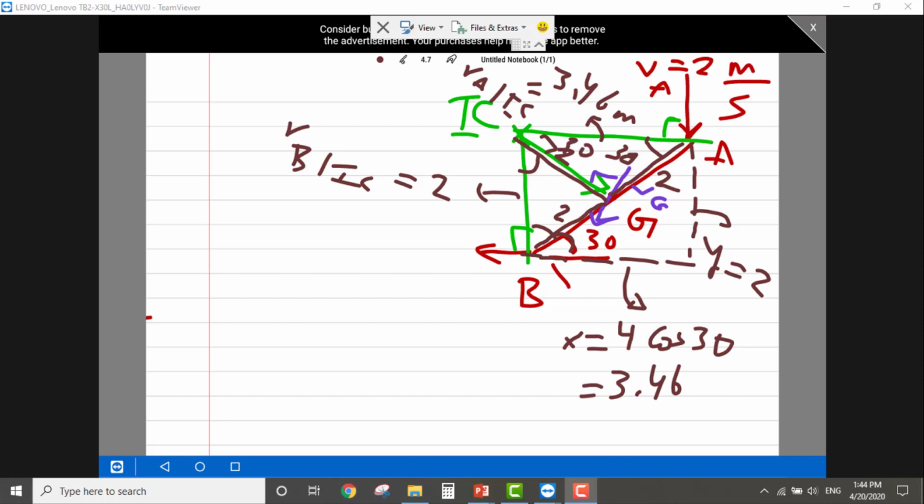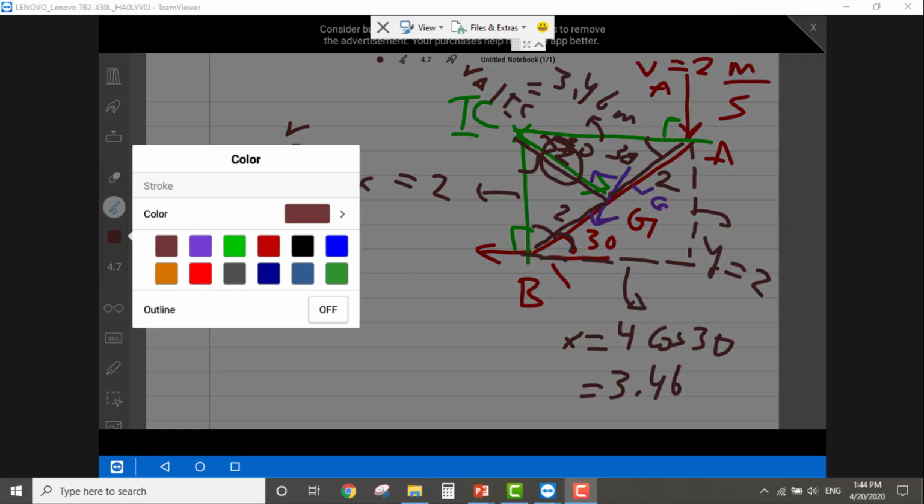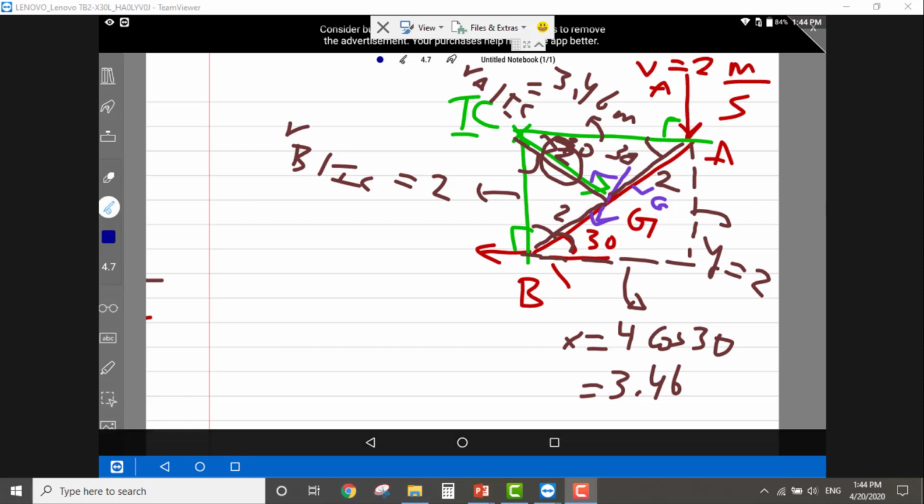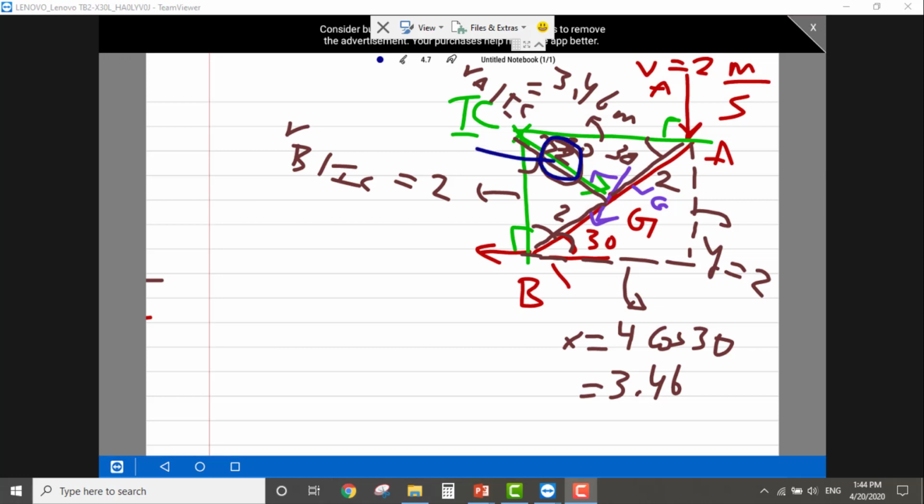But the most important thing is this length, which is 2. This 2 is equal to R G with respect to IC.